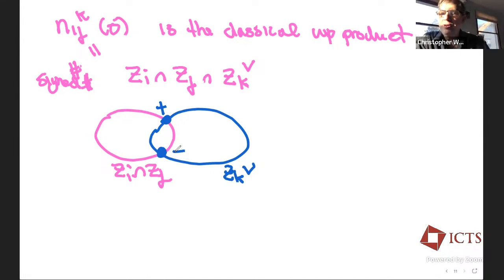So the intersection number of these two cycles would be 1 minus 1 equals 0, as you would expect, because you can move one of the circles off of the other, and the intersection number is supposed to be independent of the deformation. Did that help at all? No.